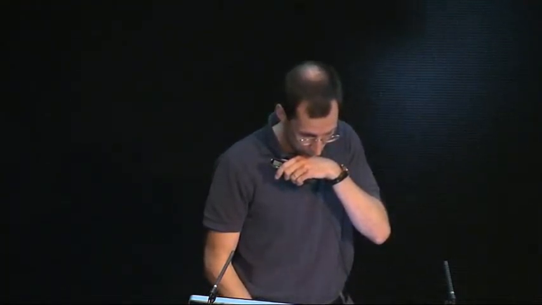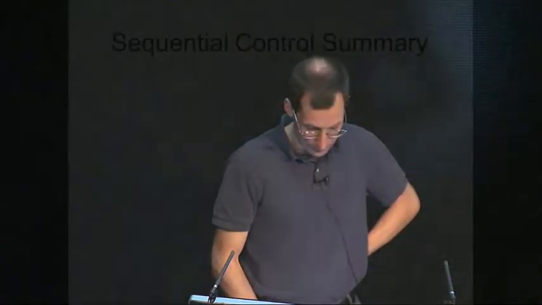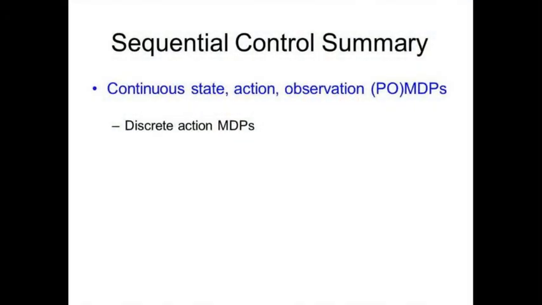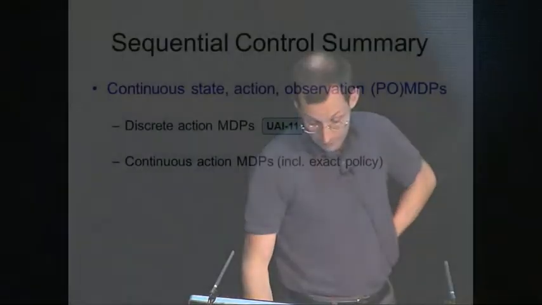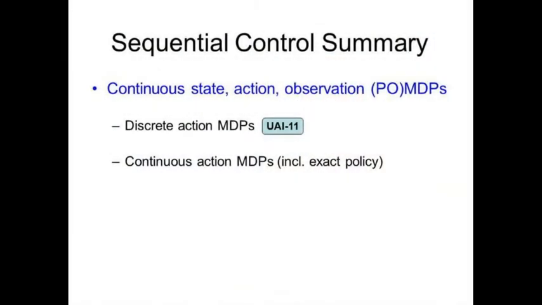So I'm not going to cover this, but we have some very nice solutions for continuous MDPs, and I just want to point out that we can, for the first time, solve optimally discrete action continuous MDPs, including the exact policy, and this allows you to solve problems like multivariate inventory control that were unsolved in practice for 50 years.